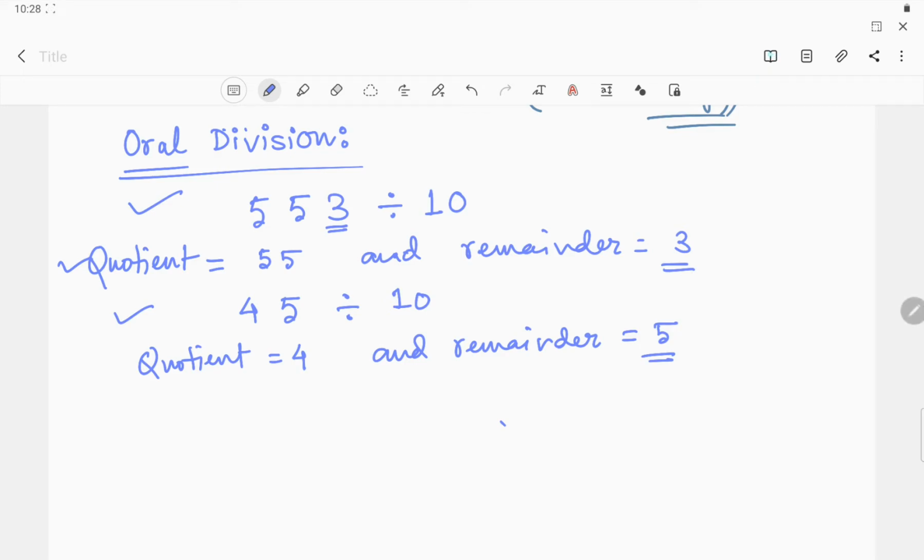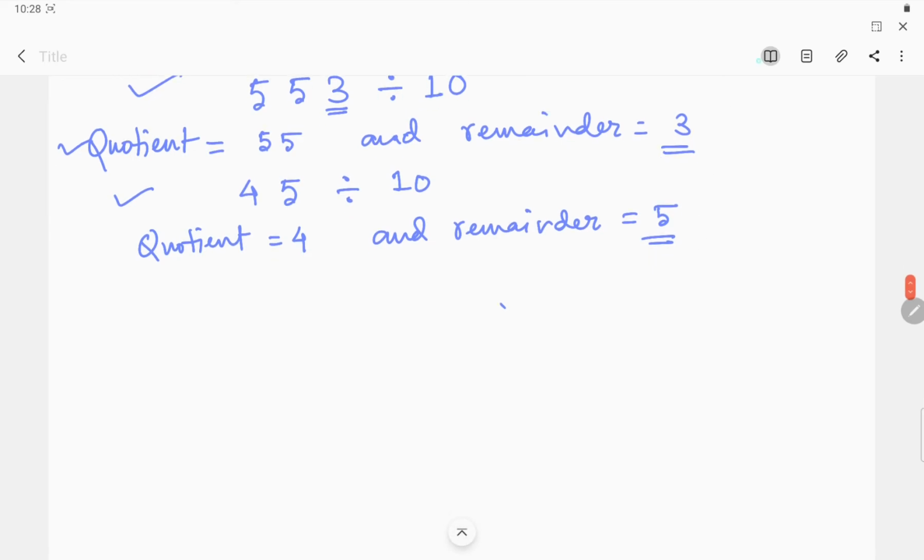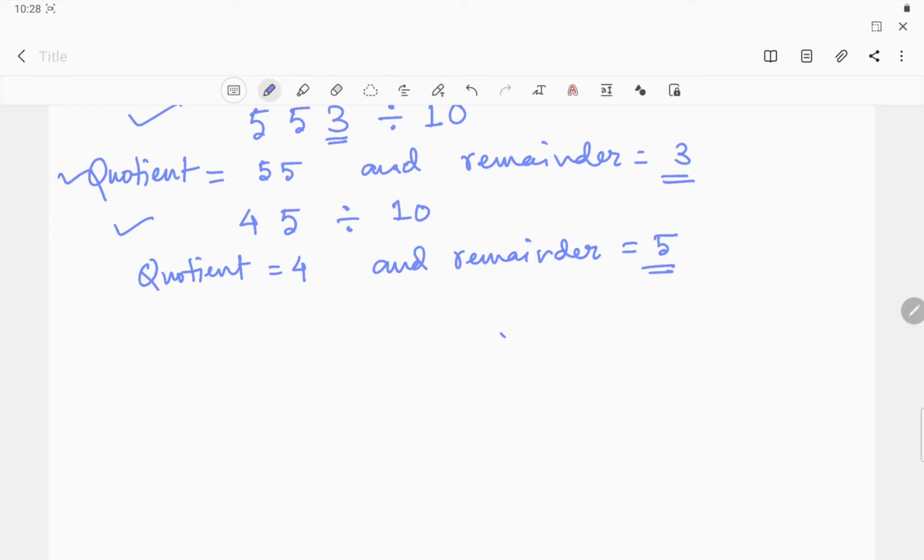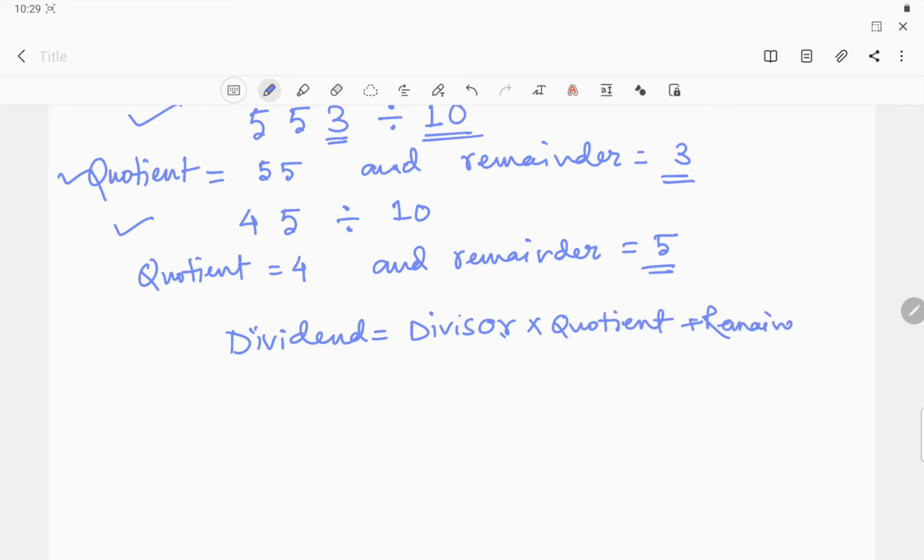Right? If you want to check whether it is wrong or right, you know how to check, because division means dividend equals divisor into quotient plus remainder.